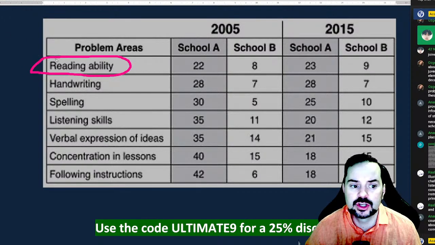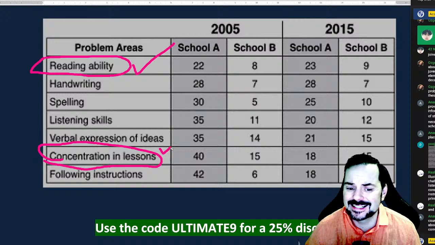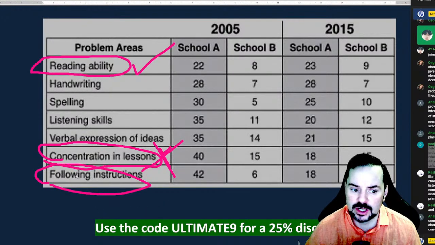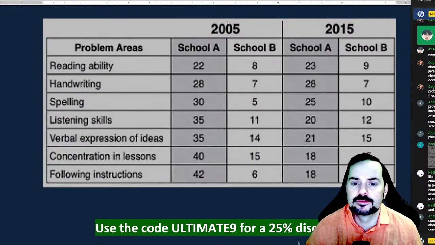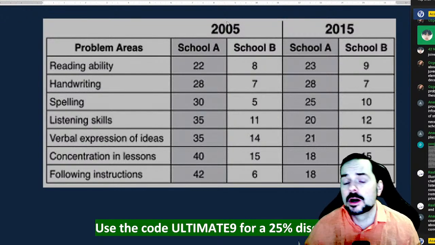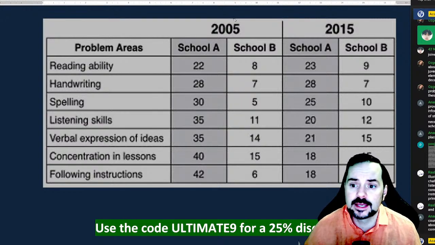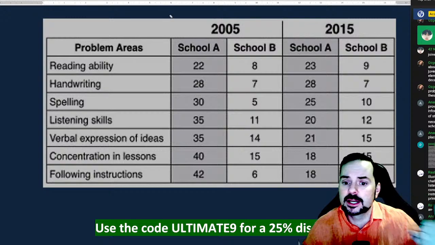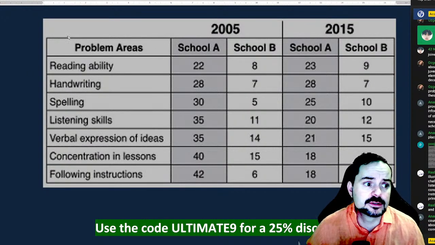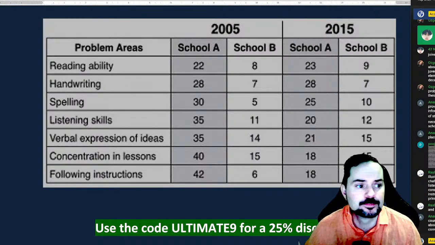Reading ability is an educational area, yes. Pooja, I agree. But for example, concentration in lessons, it's not an educational area, or following instructions. Okay. So I probably wouldn't write that, because I think it's false information, and false information or wrong information in the academic IELTS does prohibit you from getting those really high band scores, like band 7, 8, or 9. Okay.